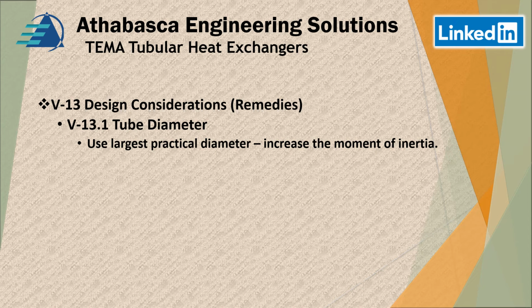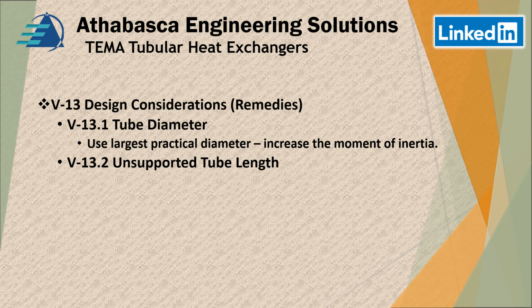If you increase the diameter, you get a larger moment of inertia, which can reduce that. So they say to avoid using smaller diameters. But in industry, we tend to use 3/4 inch tubes, one of the most commonly used in the refinery industry, but they say to avoid that.